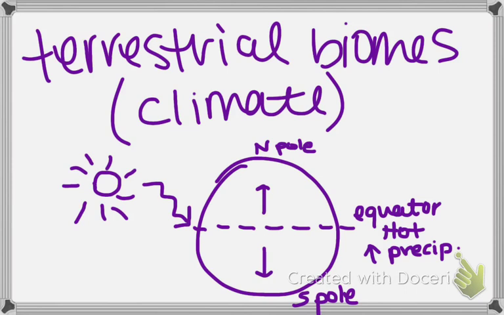So as you move away from the equator, are you going to increase in temperature or decrease in temperature? How's your climate going to be affected as you move away from the equator? You're going to decrease in temperature. That means you're going to get cooler.